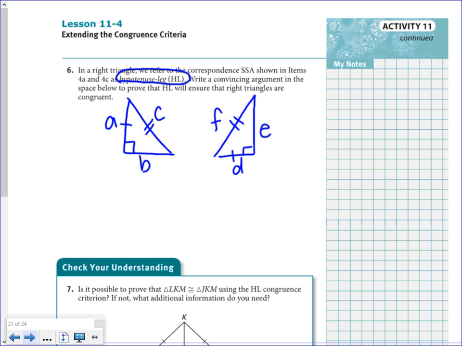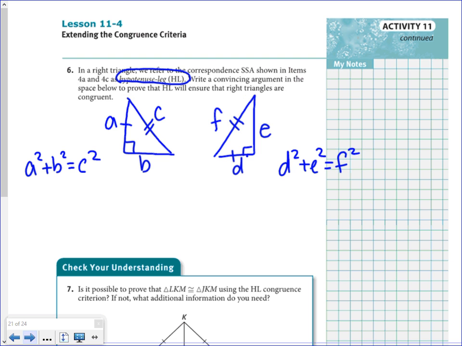Side, angle. Since these are right triangles, we know using Pythagorean theorem that a squared plus b squared equals c squared. And we know over here that d squared plus e squared equals f squared. So that's just based on Pythagorean theorem.